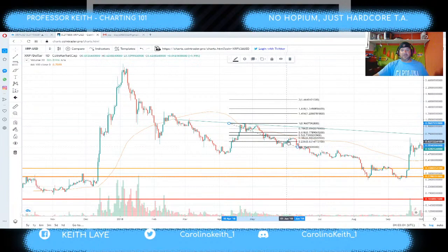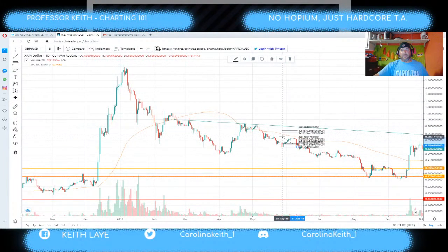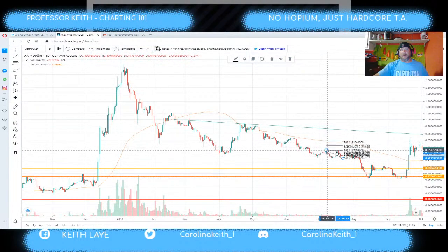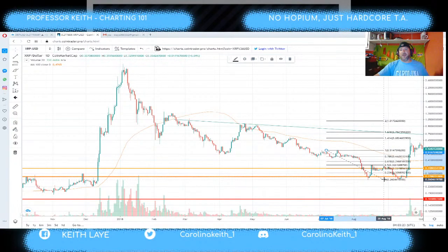And on this downfall, the 382 retrace and more down. And look, another 382 retrace and more down. So gnarly, bro. It's a terrible chart.